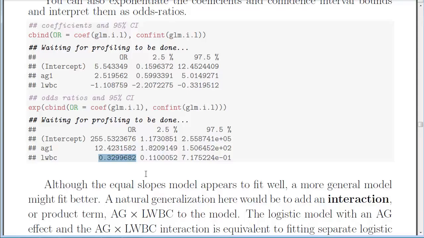This says that for every unit increase in the log white blood cell count, your odds of surviving 1 year are 0.3 what they were if you were 1 unit less in the log white blood cell count. That probably wasn't said very well. Let me try again. Say log white blood cell count was 5 and you had a certain odds of survival. If you increase that from 5 to 6, now your odds of survival are 0.3 what they were before. So that is a marked decrease.